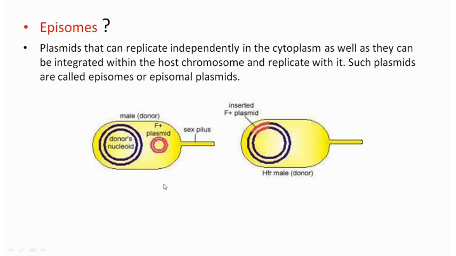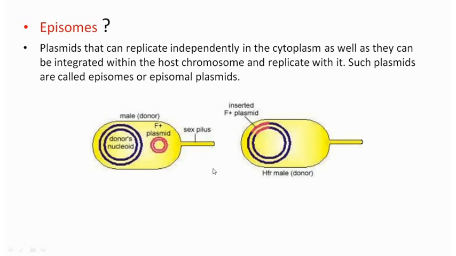This cell is called an F plus cell, and it can transfer to an F minus cell via this sex pilus or conjugation tube, which makes a connection between these two cells. But sometimes this plasmid can integrate within the chromosome, and in that case, when it is transferred, it will take the chromosomal genes along with it to the recipient cells.